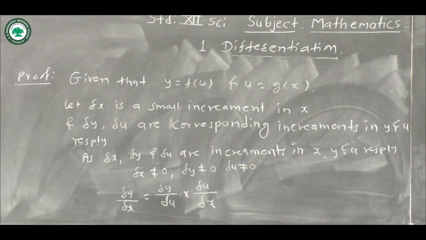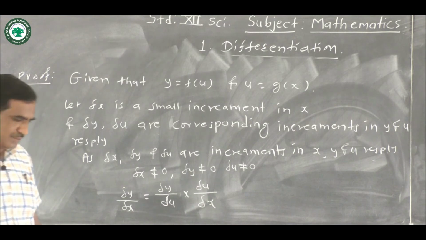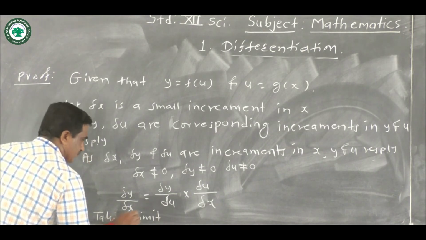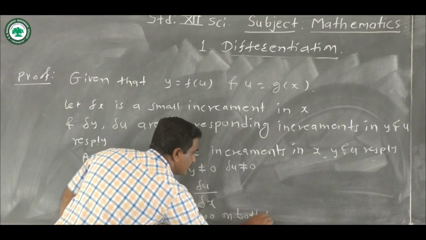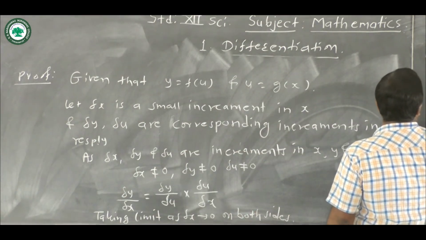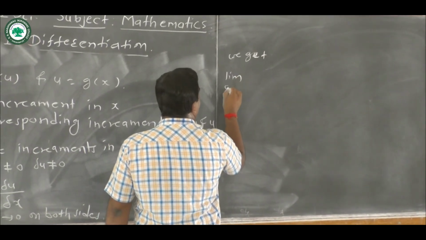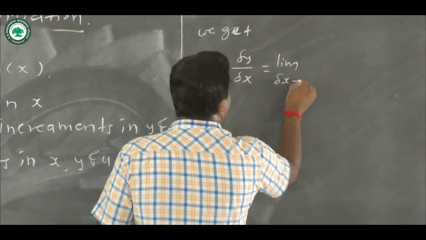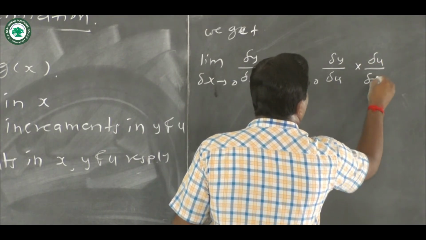Now taking the limit of this equation as delta x tends to 0 on both sides, we get limit delta x tends to 0, delta y by delta x equal to limit delta x tends to 0, delta y upon delta u into delta u upon delta x.